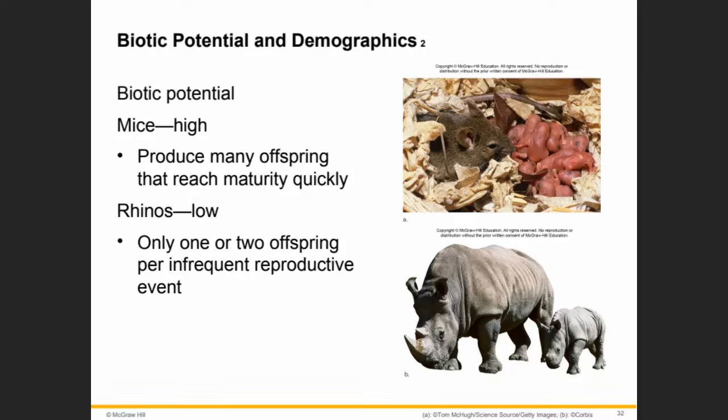The biotic potential for mice is very high: they produce many offspring that reach maturity quickly. But for the rhinoceros it is very low: only 1 to 2 offspring per infrequent reproductive event.